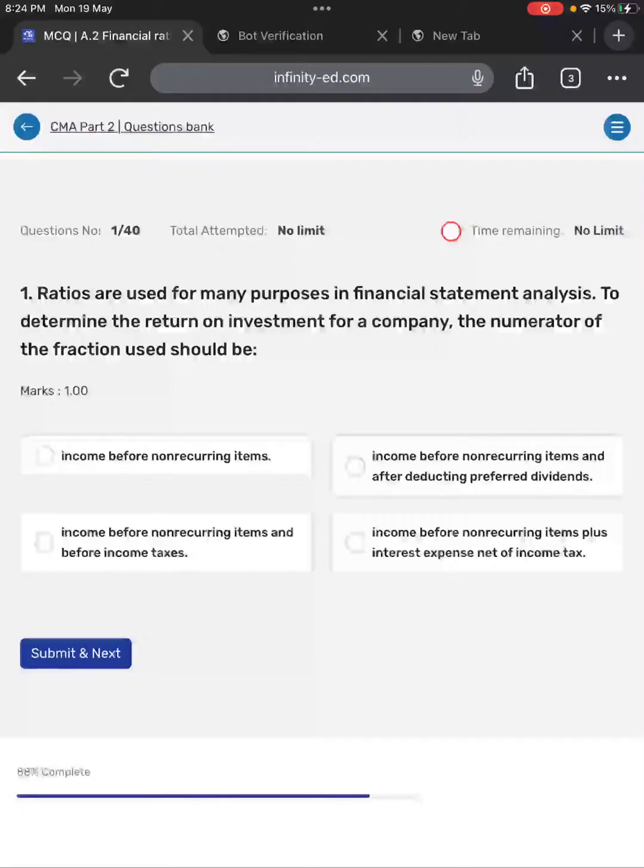Income before non-recurring items after deducting preferred dividend is not correct. Income before non-recurring items before income tax is not correct. Income before non-recurring items plus interest expense net of tax, this one.